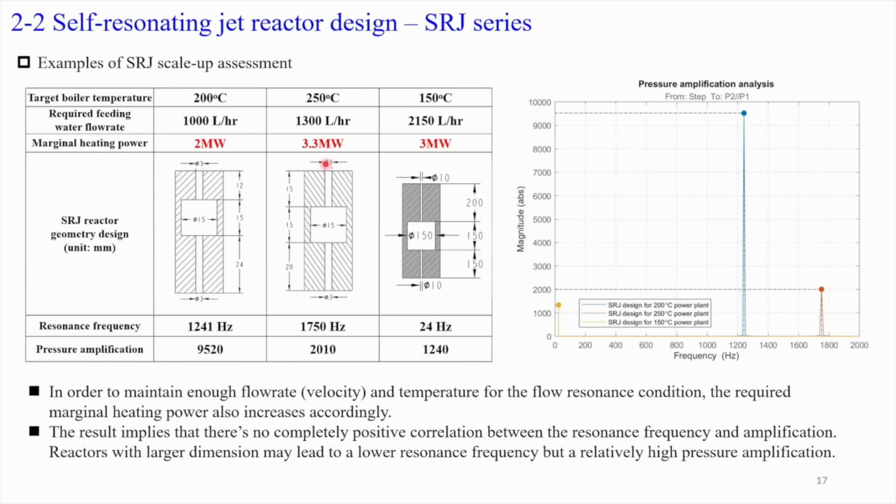And here shows a scenario of a scale-up reactor when implemented in megawatt level power plants. These two cases both have a similar order of magnitude of resonance frequency, but there are considerable differences in pressure amplification, which implies that there's no completely positive correlation between the resonance frequency and the pressure amplification.